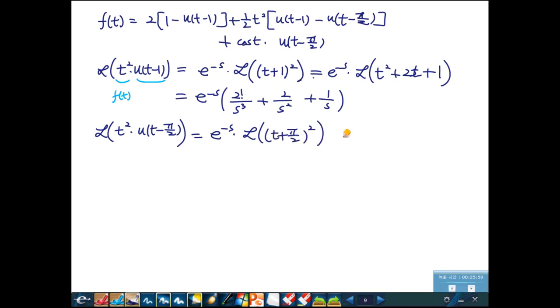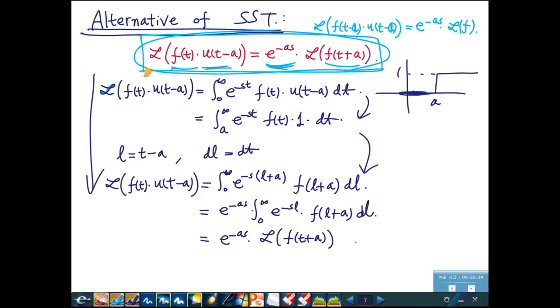This is actually a was pi over 2, so it's e to the minus pi s over 2 times 2 factorial over s cubed plus pi over s squared plus pi squared over 4s. So it's fairly easy. Everything gets easier than the previous one. So what you do is use this alternative of the SST all the time.